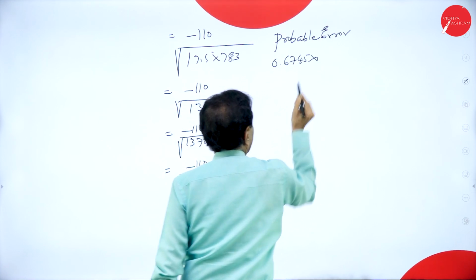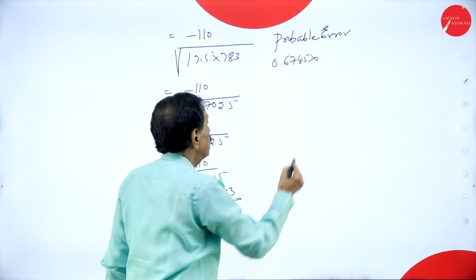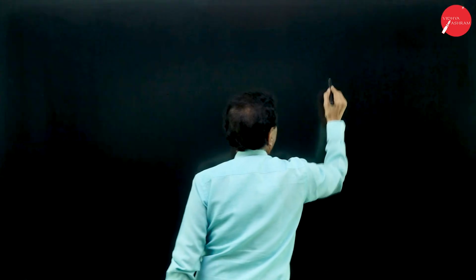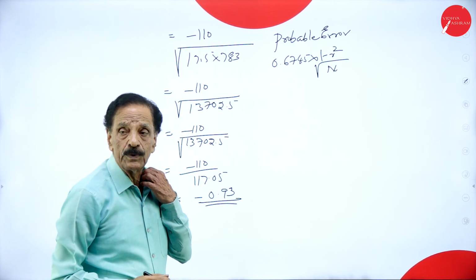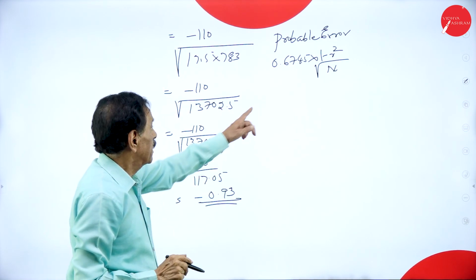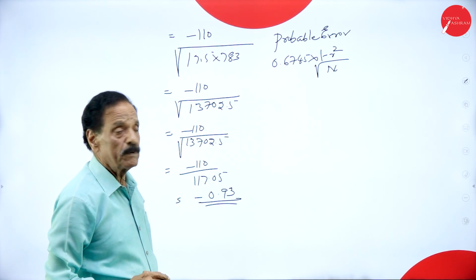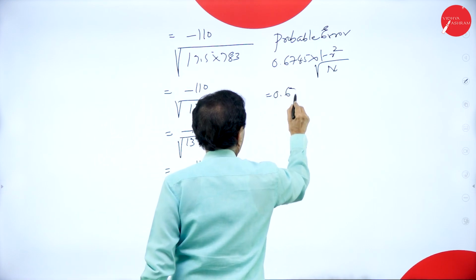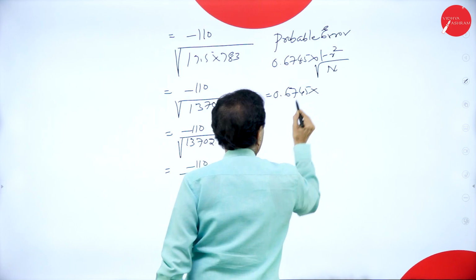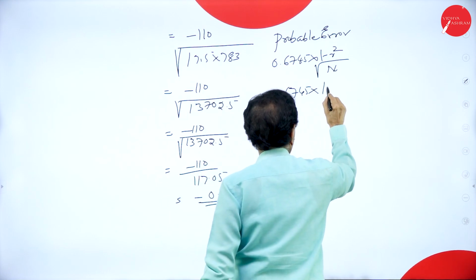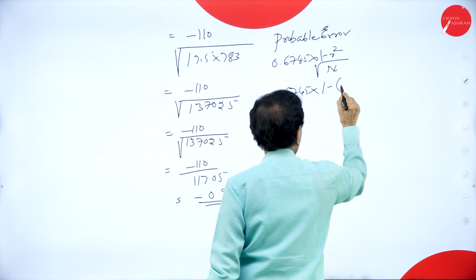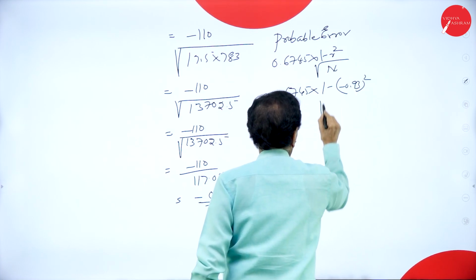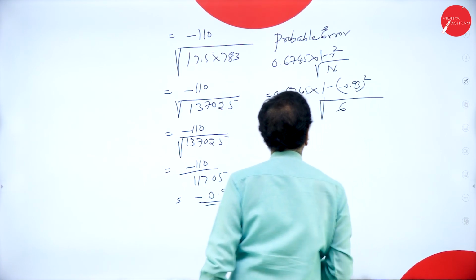Then probable error: 0.6745 into 1 minus r square divided by root 10. What is 0.6745 into 1 minus r square divided by root 10? This is 0.6745 into 1 minus, in the bracket, minus 0.93 whole square, root of 6.